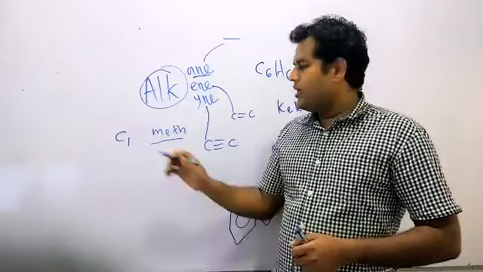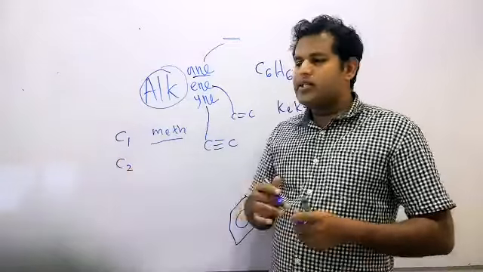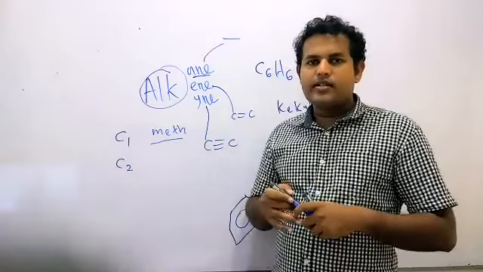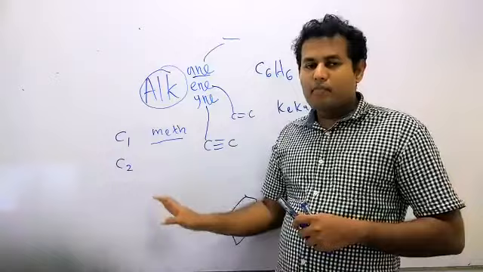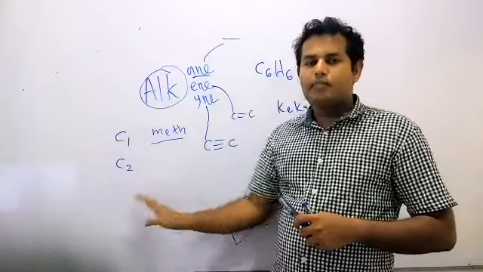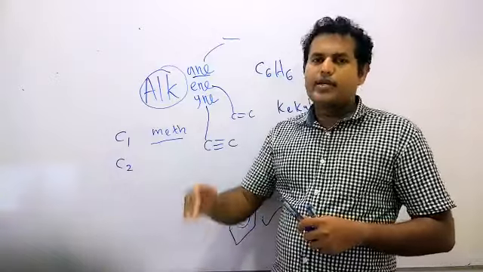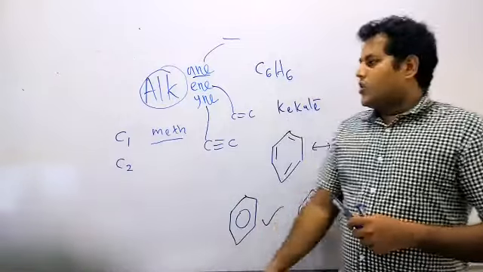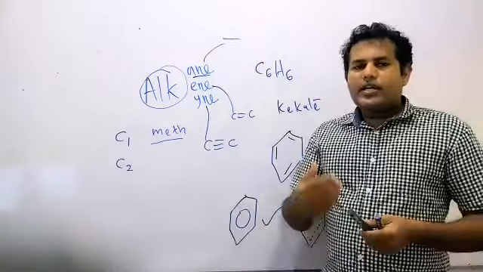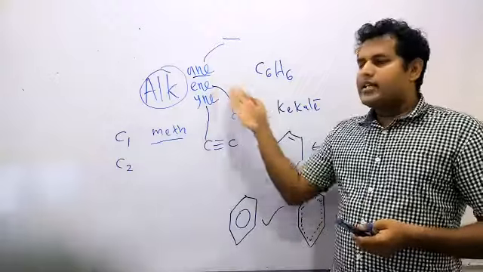When you have 2 carbons, it is eth. 3 carbons, prop. 4 carbons, but. 5 carbons, pent. Hex, hept, oct, non. That's enough. So depending on the number of carbons, we can give names for alkanes, alkenes, and alkynes.